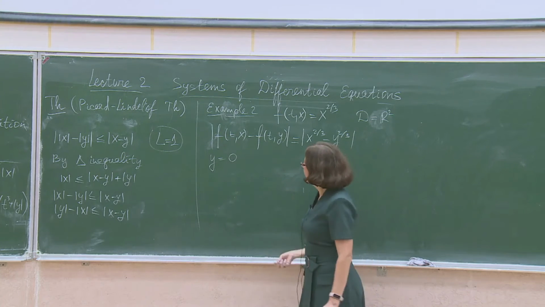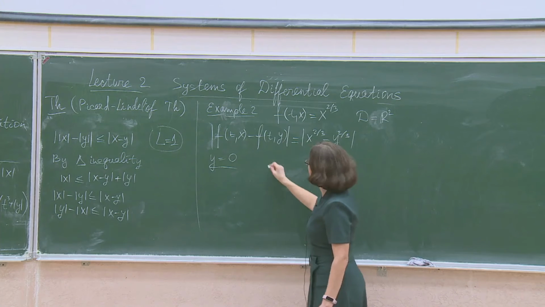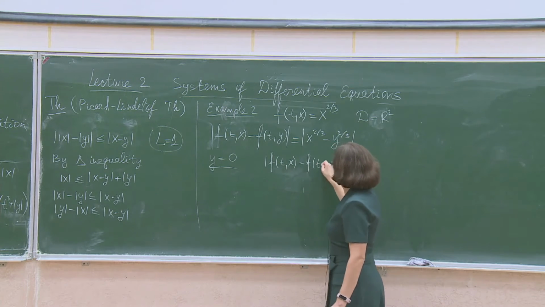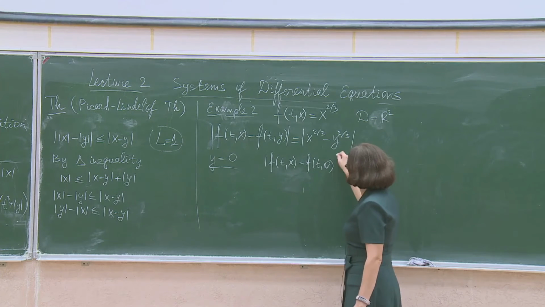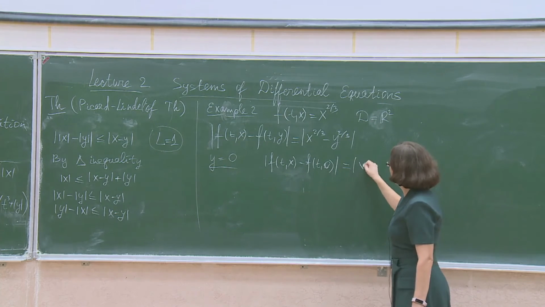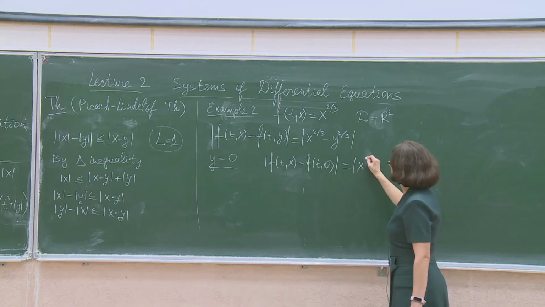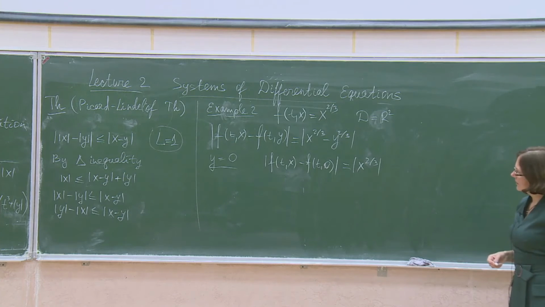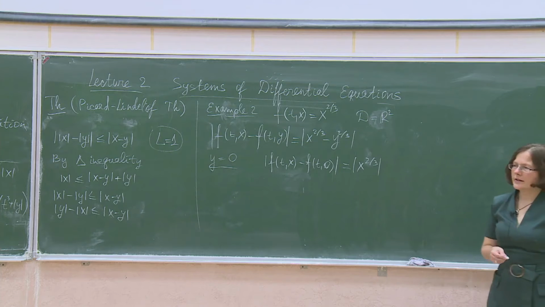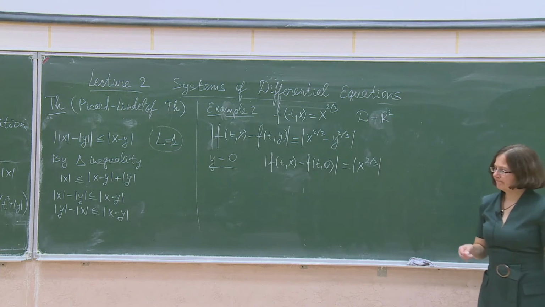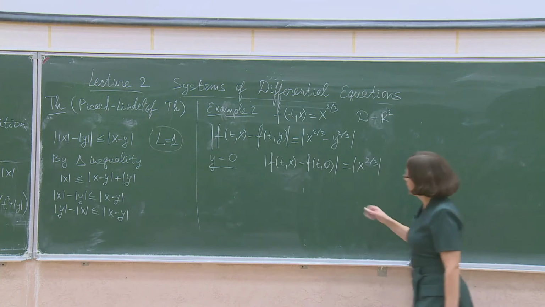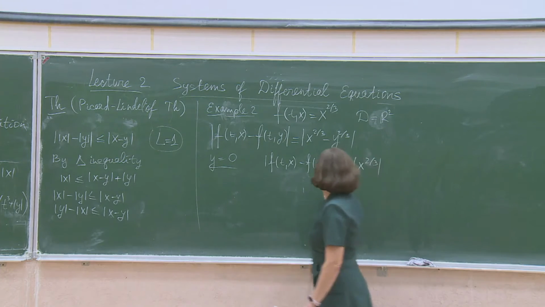Let's consider this point. Then, in this case, f of t, x minus f of t, 0 will be equal to x to the power 2/3. If it were Lipschitz, it would satisfy an inequality.